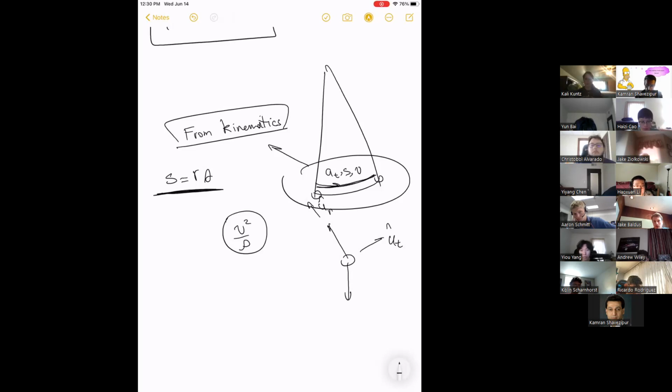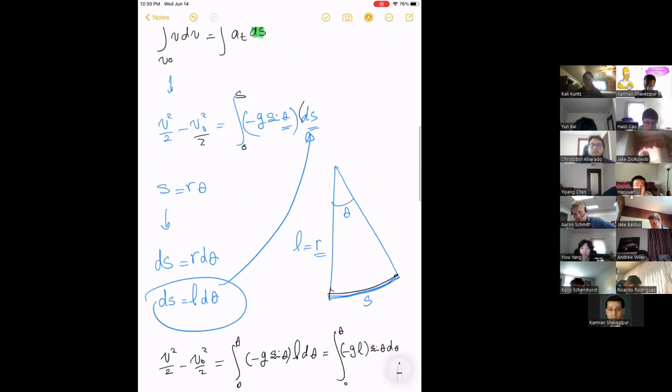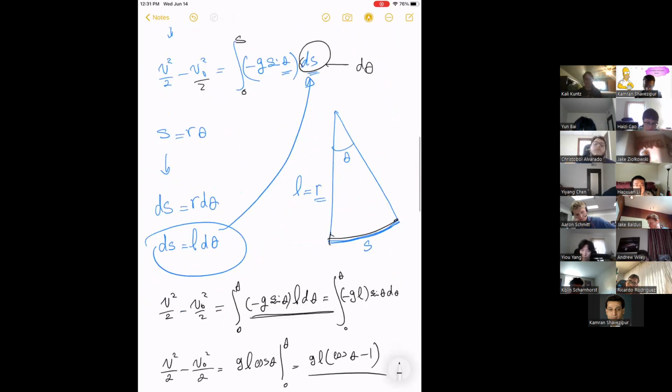And then we switched from ds to d theta so we could complete this integral and solve it. It was general. The problem asked from 0 to 20 degrees, but you can go to any angle, 45 degrees, 72 degrees, I don't know, 125 degrees, whatever you want, that's okay, right? So you can do it that way.